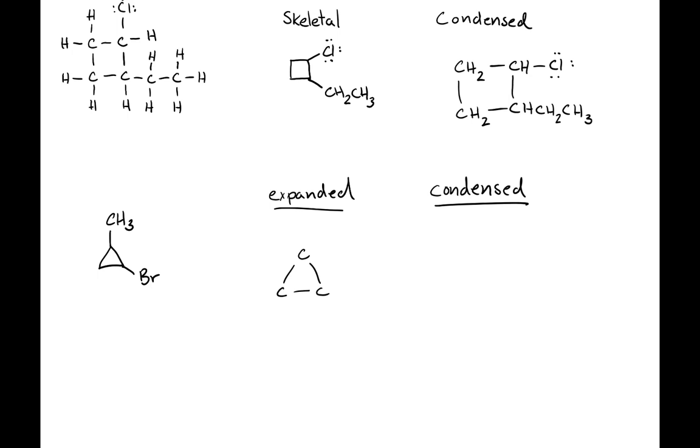There is the 3-membered ring of the expanded form. The carbon to the left has 2 hydrogens on it because it had 2 bonds coming out of it, so it needed to have 2 hydrogens. Here I am drawing in the lone pairs on the bromine, even though I left them out on the skeletal structure. And then there needs to be 1 hydrogen and 1 carbon with its 3 hydrogens on it, on the top carbon.